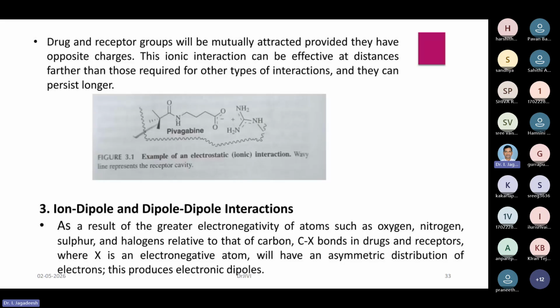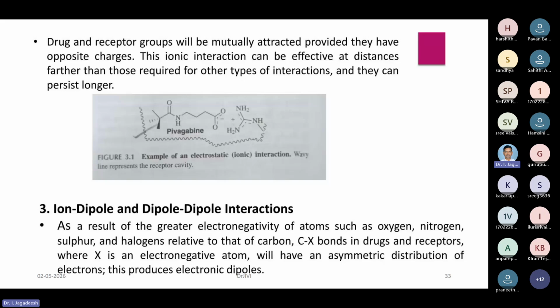The third one is ion-dipole and dipole-dipole interaction. These are things you have already learned in physical pharmaceutics, so you are well versed with it, but in this context we need to see which sites or functional groups are involved in the drug and receptor. Because of ion-dipole and dipole interaction, atoms such as oxygen, nitrogen, sulfur and halogen have greater electronegativity relative to carbon.